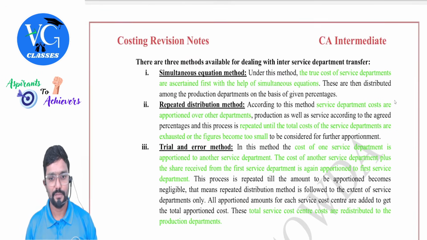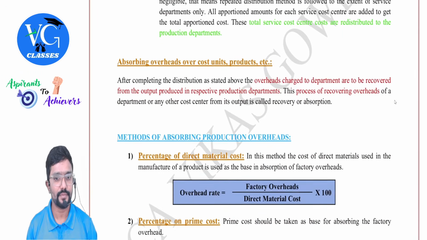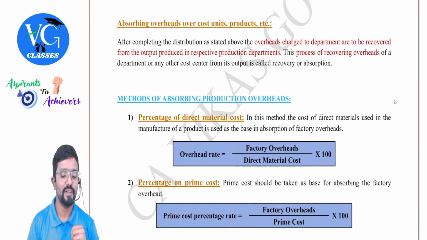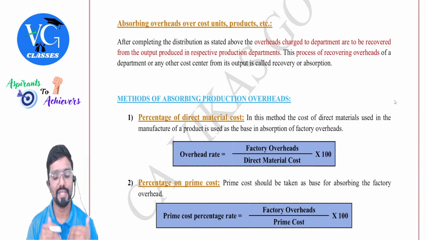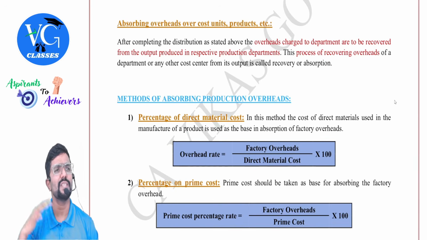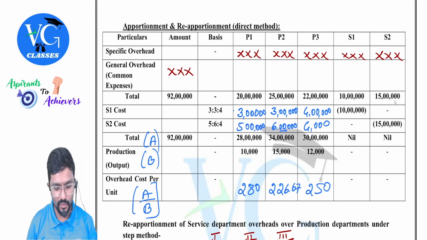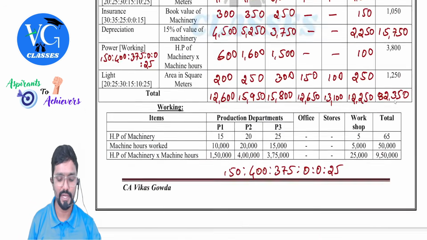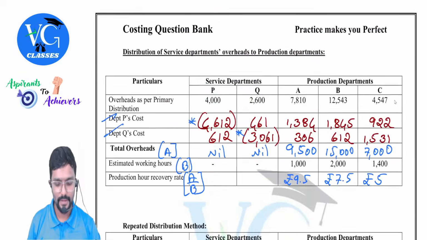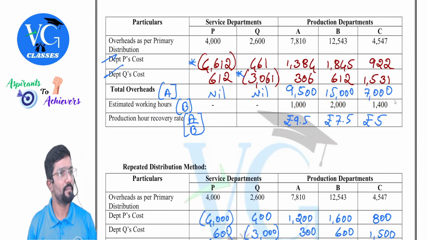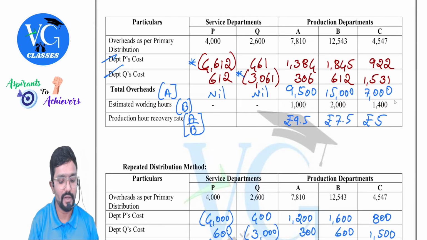Going back, I have explained all these methods. Next, at the end, once I do all this, what do we do, sir? We will absorb the overheads over the cost units or products. Cost units or products is nothing but output. Even in this question, we have solved that. At the end, we have calculated the production hour recovery rate, which we also call the absorption rate.